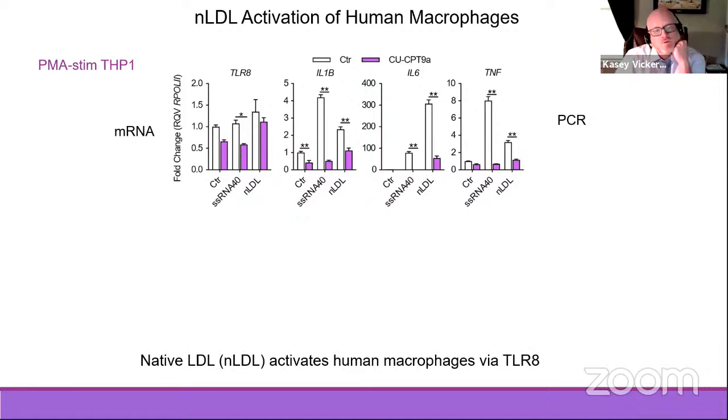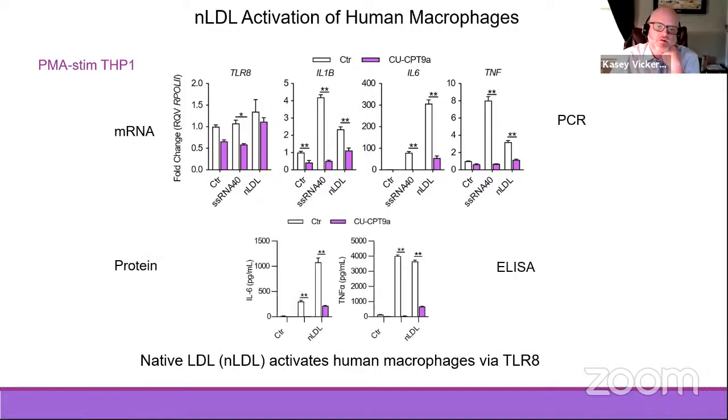The small molecule worked very much like the siRNAs, where the native LDL would turn on the cytokines, but the small molecule inhibitor in the nanoparticles would block this effect. This was observed both at the mRNA level by PCR and at the protein level by ELISA, where the native LDL induction of these cytokines was completely blocked by the specific TLR8 inhibitor delivered by the nanoparticles.